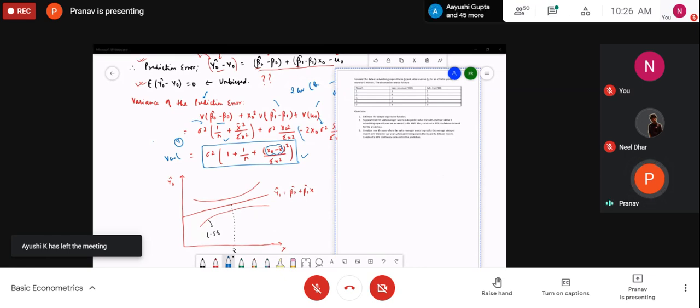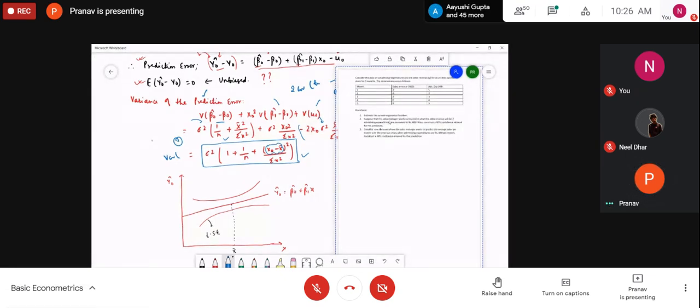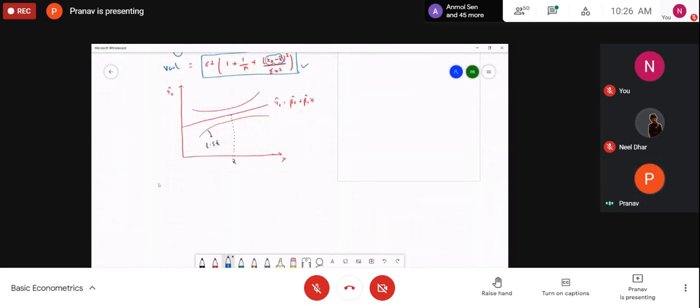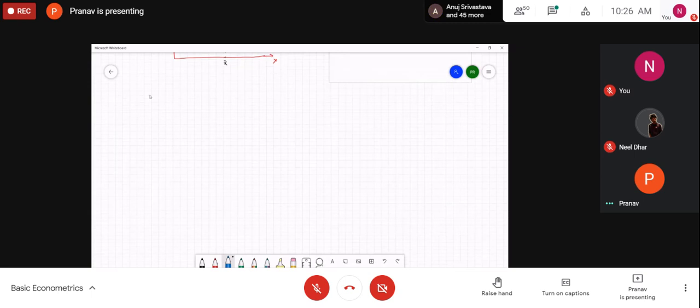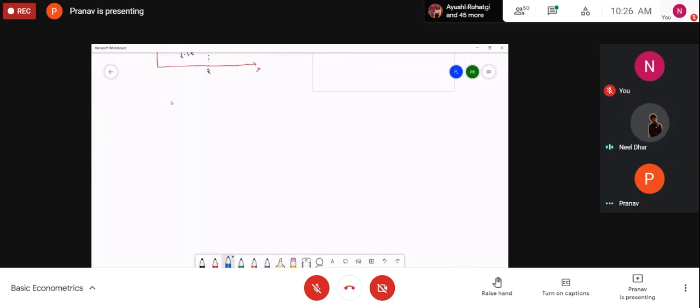Okay, 1 second. So now this is my question. What is the estimated sample regression function that you got? Let me solve this question now below. So are you asking what is the regression equation that we got? Yes. Sales revenue equals 1 plus 1.2 advertisement expenditure.